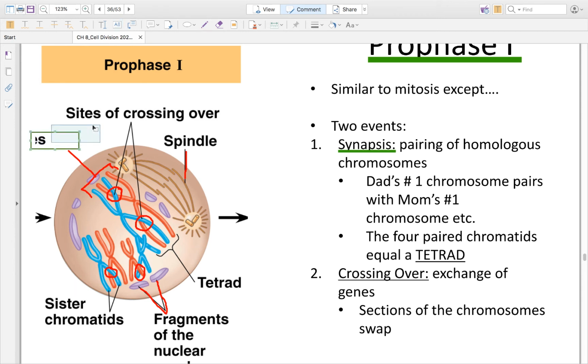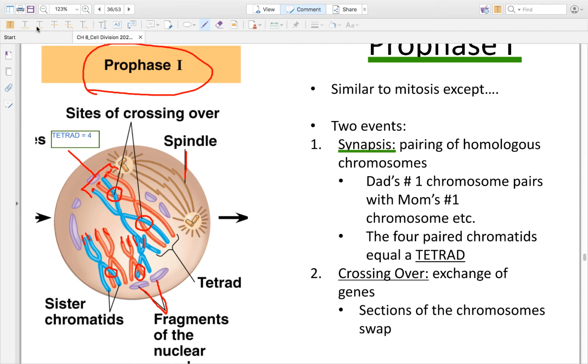Why would we call this a tetrad? Tetrad means 4. That's what tetra means. And if you count up these chromosomes, there's 1, 2, 3, 4 after the synapsis. Same thing down here. Count these up. 1, 2, 3, 4. 1, 2, 3, 4. We don't see this phenomenon anywhere else except for prophase 1, and this is called the synapsis.